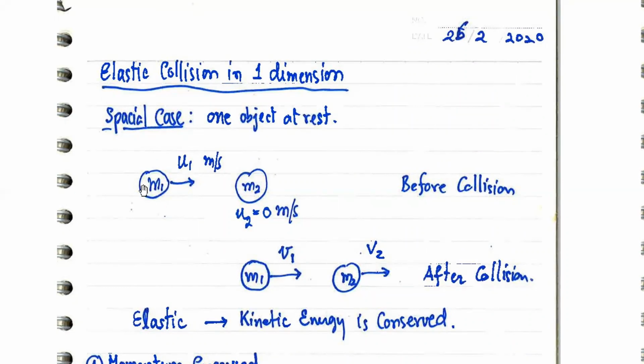So if we have M1 traveling at U1 meters per second colliding with M2, which is at rest before collision. And this is in one dimension, so I'm not worried about the other axis. So after the collision, assuming that the second mass is moving forward with velocity V2.